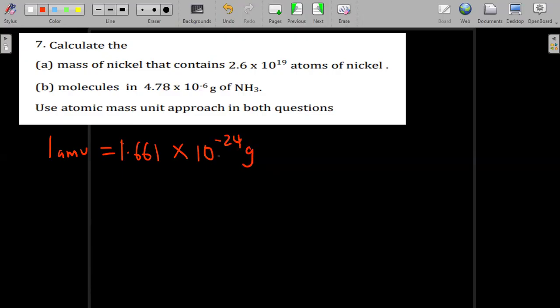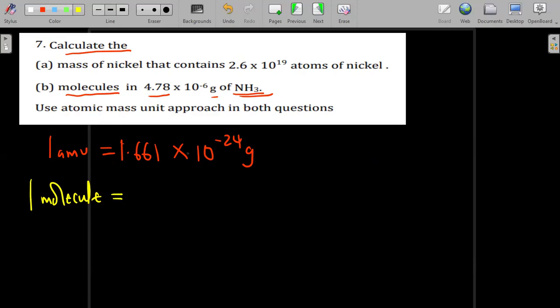But another relationship now that we introduce, because here we're dealing with a molecule. Okay, so let's read the question. The question says calculate the molecules, okay, in 4.78 multiplied by 10 to the power minus 6 grams of what? Ammonia. Okay, so that is ammonia, the NH3 there. All right, so the other relationship that we need to know now is that if I have one molecule, okay, that molecule is equals to the molar mass of the molecule in atomic mass units.